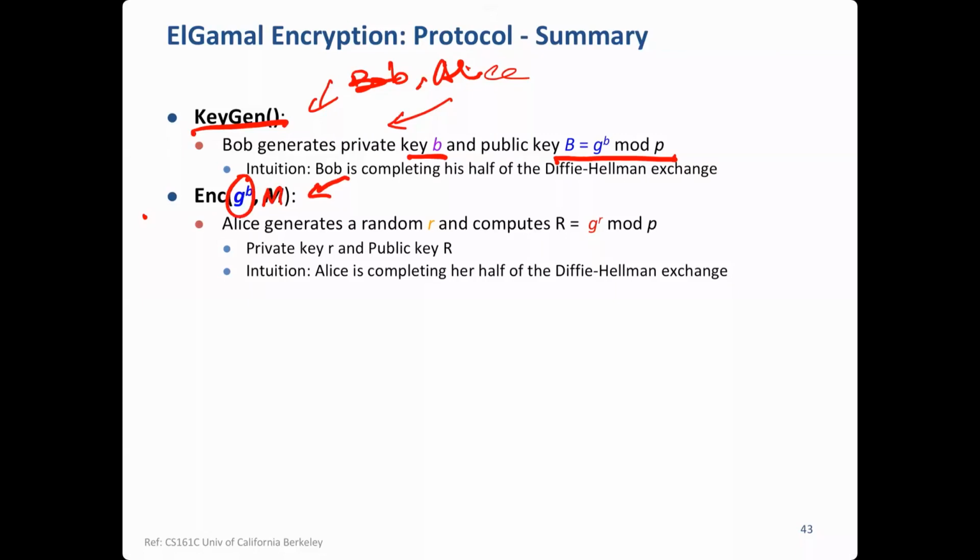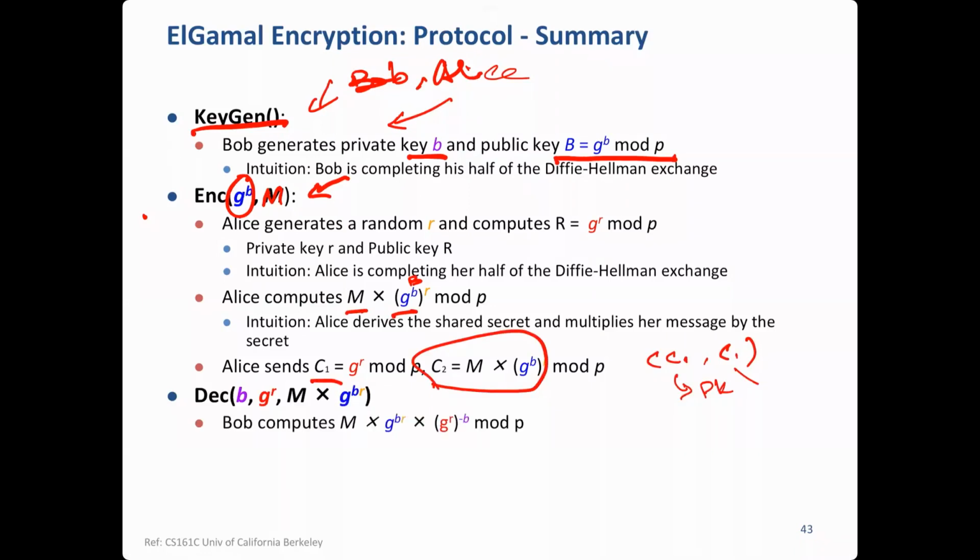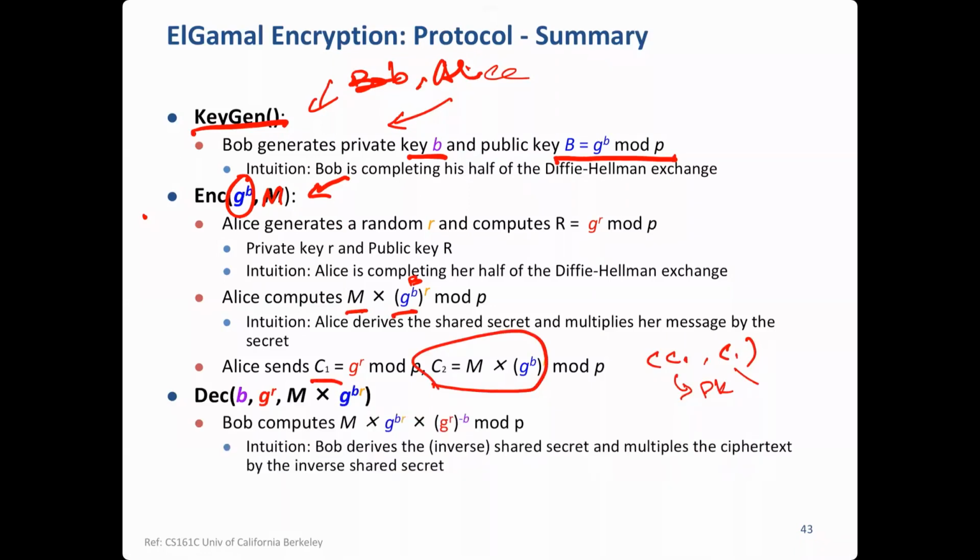And there is a way of doing this which is given here. So basically Alice computes M times Bob's public key B raised to the power r mod P, and so basically she sends it in the form of C1 and C2, or earlier we have taken different notation, but anyway, this is Alice's public key, and this is nothing but M times G raised to the power b mod P. And once Bob receives it, he can simply decrypt it by taking this value and exponentiating it with minus b.